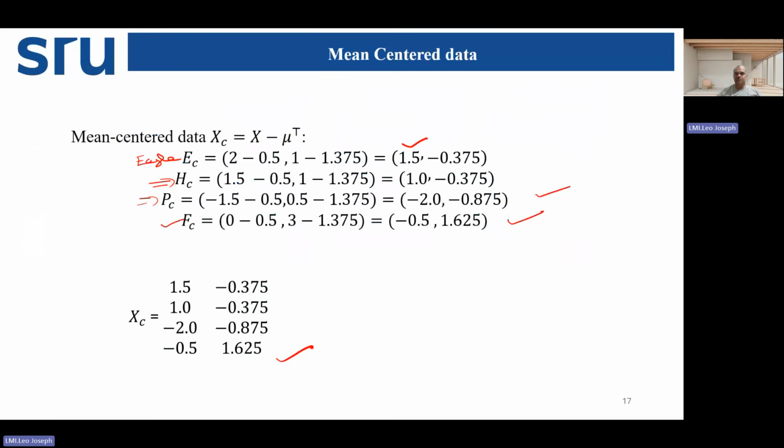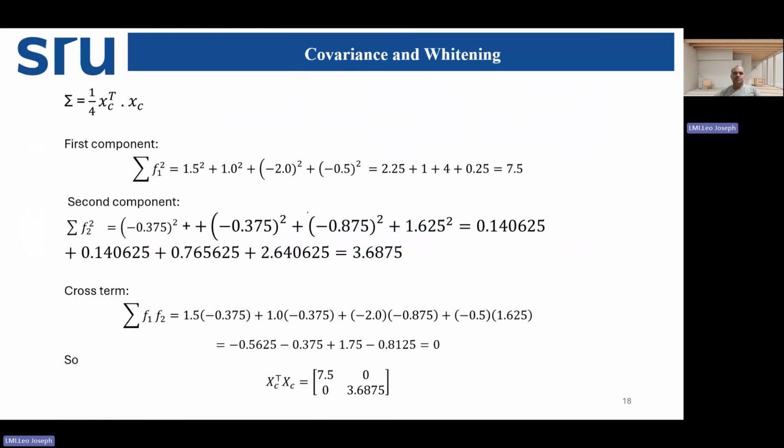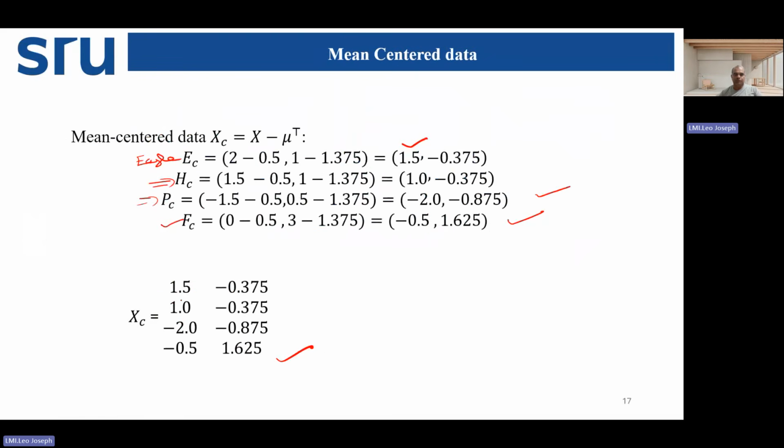Okay, two things are possible. Now we are going to see what actually the whitening is doing. So 1 by 4 into XC transpose into XC. That means first I am calculating F1 squared: 1.5 squared, 1 squared, minus 2 squared, minus 0.5 squared.